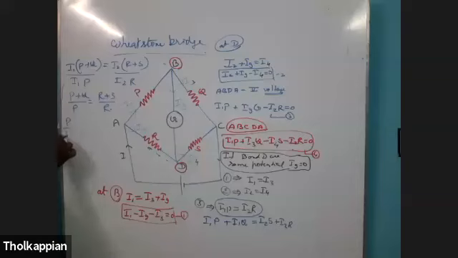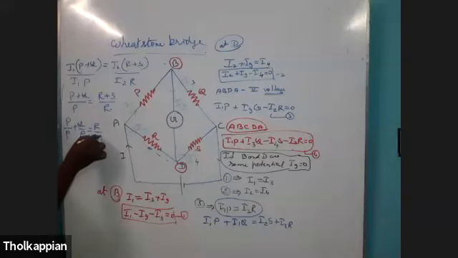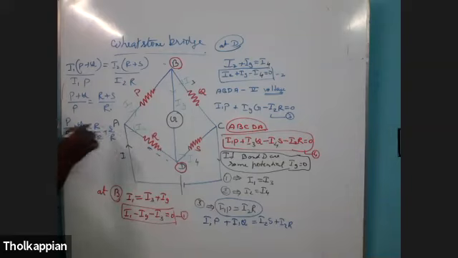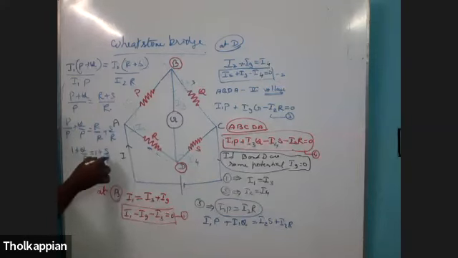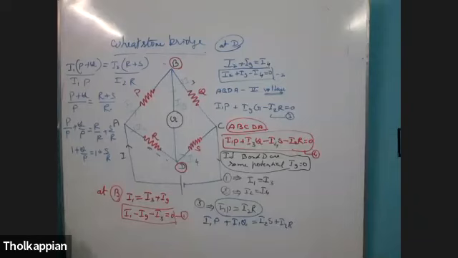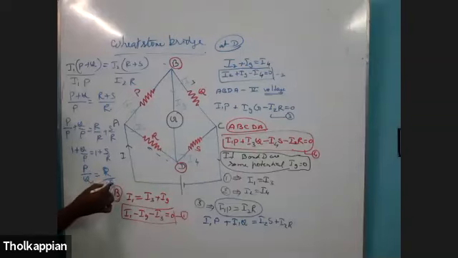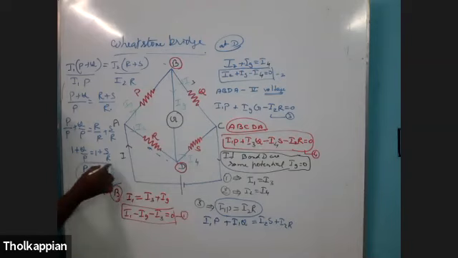Here we can write P by P plus Q by P is equal to R by R plus S by R. P and P get cancelled. 1 plus Q by P is equal to 1 plus S by R. Cancel 1 and 1, then you can take the reciprocal. P by Q is equal to R by S. This is the balancing bridge condition.